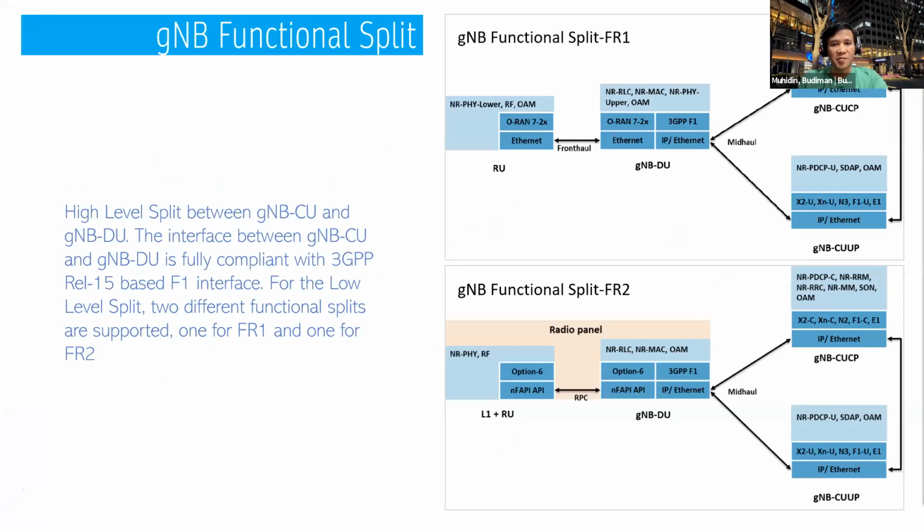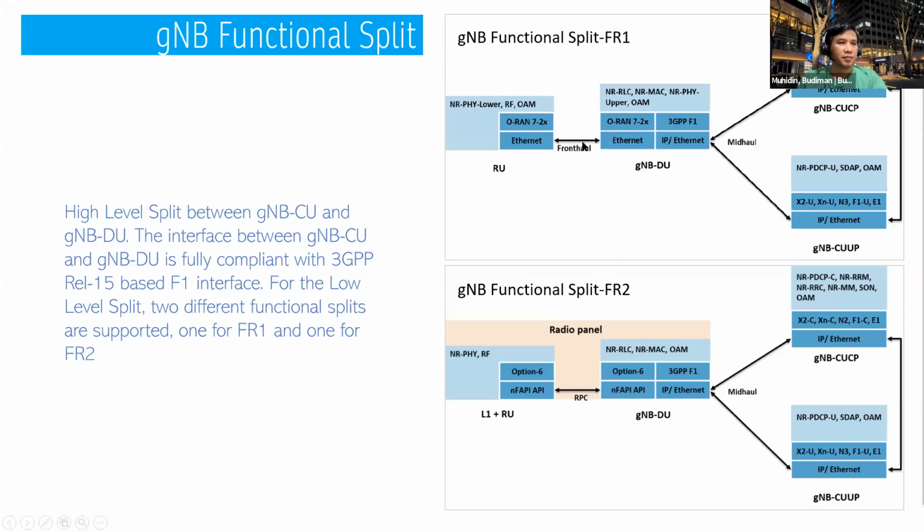In the upper figure, you can see the illustration of the gNodeB functionality for frequency 1, which is sub-6 frequency. We have a split level between gNodeB DU and the third party RU using O-RAN defined option 7-2 in the fronthaul.